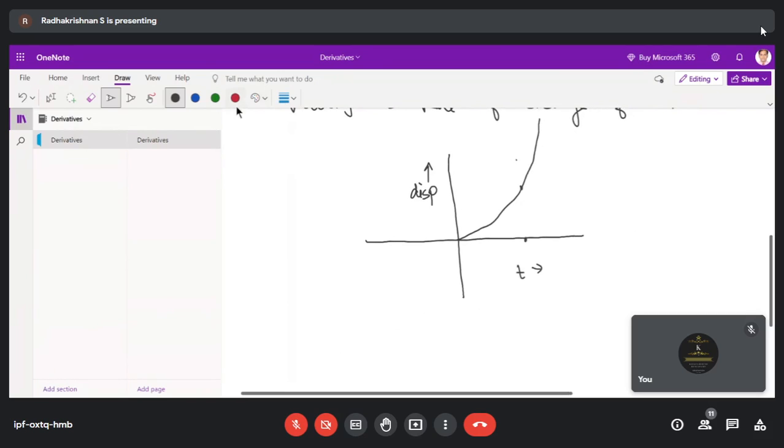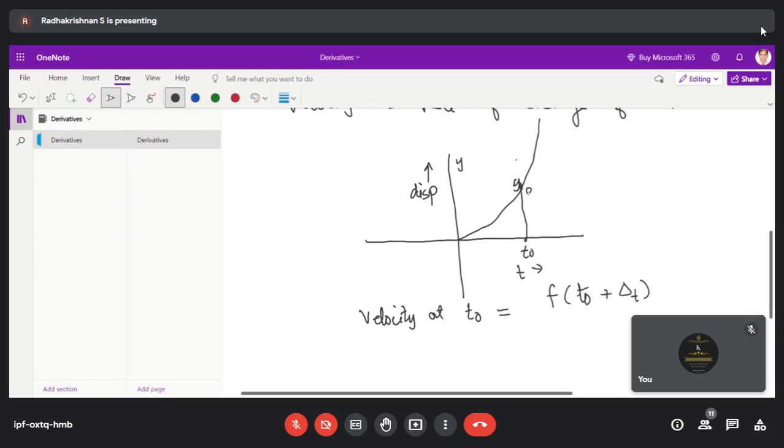Suppose this is your t0, time at t0. So this is your displacement y, and this is your y0. Same principle that we apply: the velocity at t0 is given by f of t0 plus delta t.